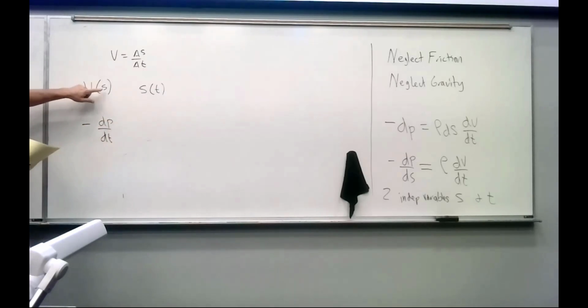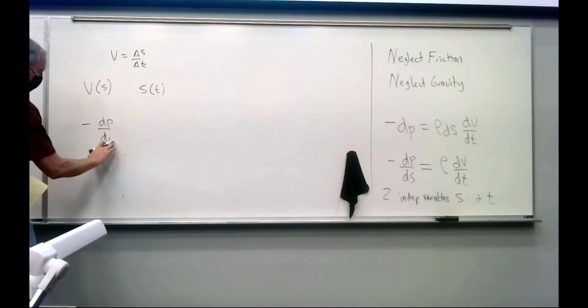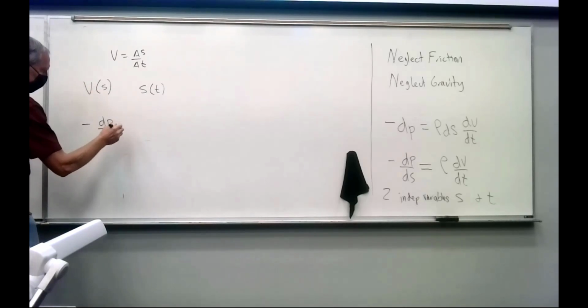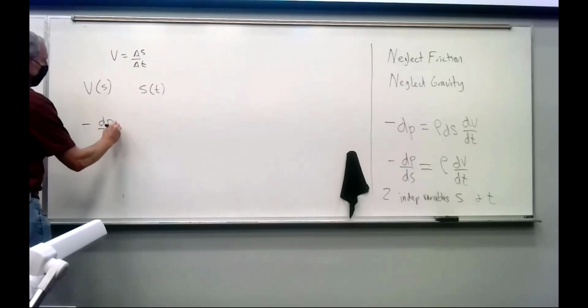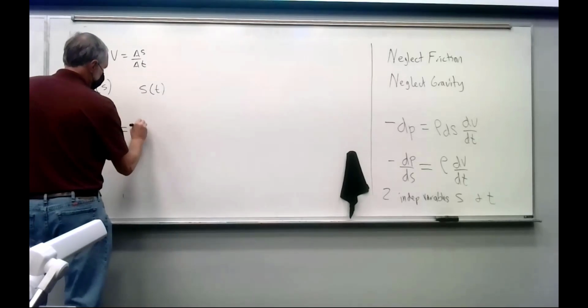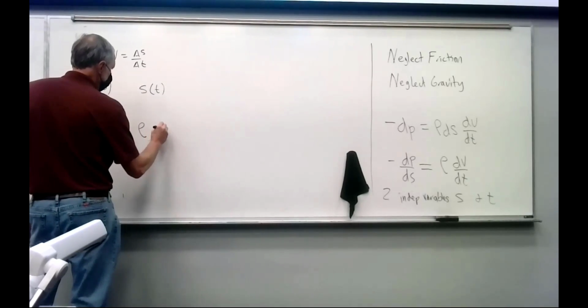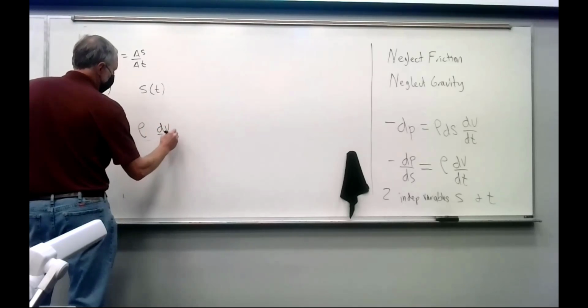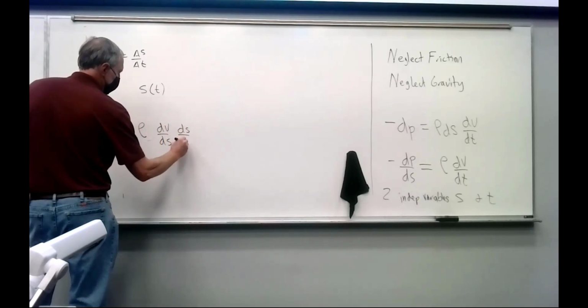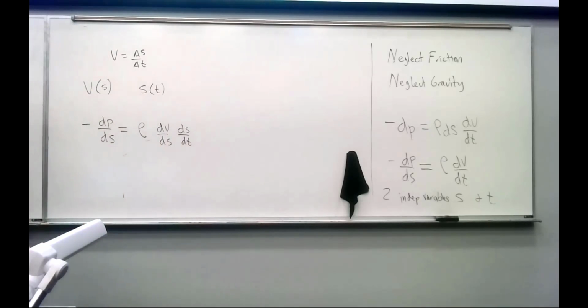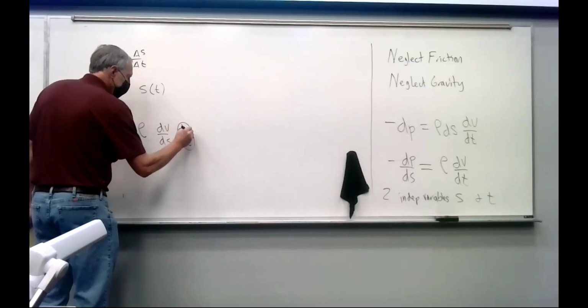So velocity is a function of position. That's how we want to track it. And position, we just said, is a function of time. And so we can take the dv by dt and write it as dv by ds times ds by dt, right? That's just the chain rule. And that's where we see, well, here's the velocity.